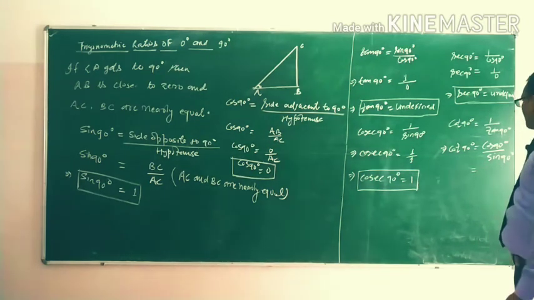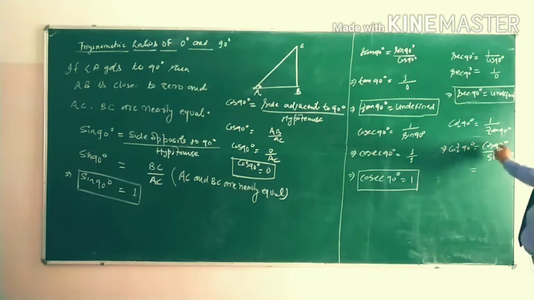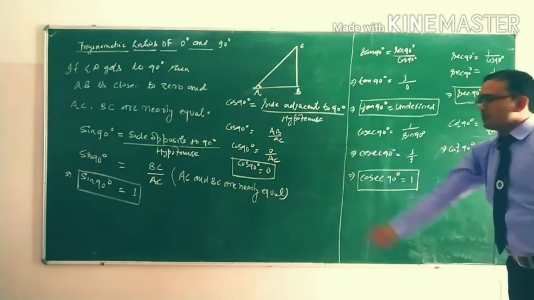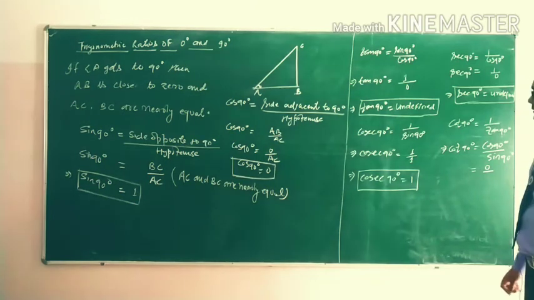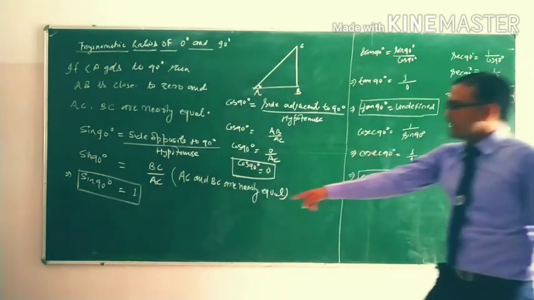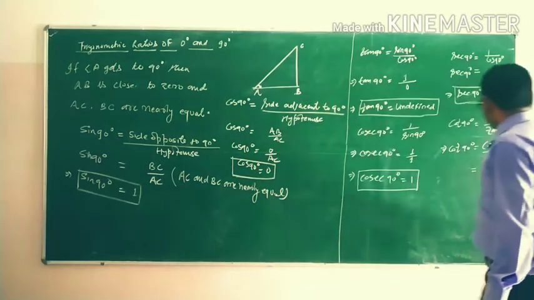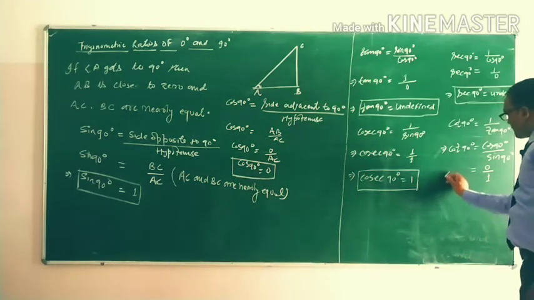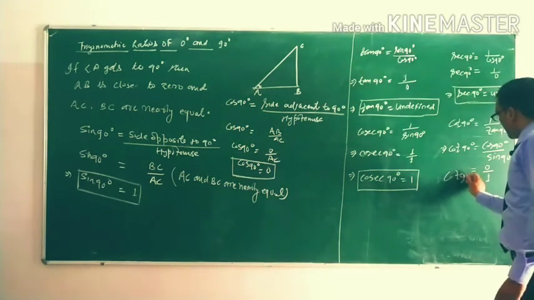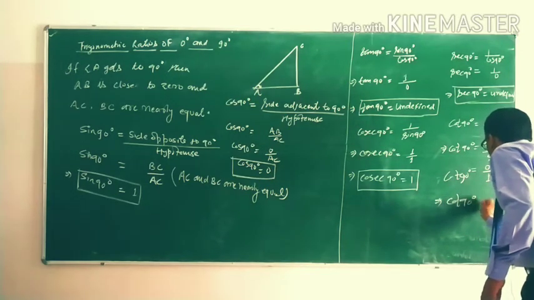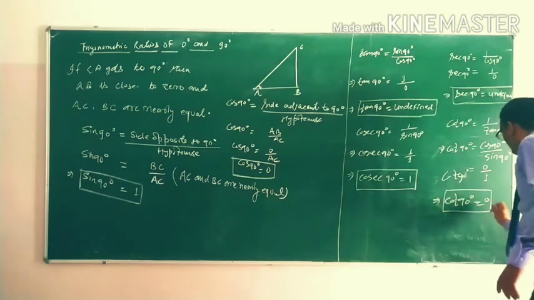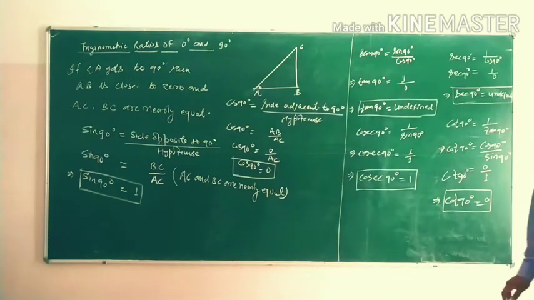What is the value of cos 90? Cos 90 is 0. The value of cos 90 is 0 and the value of sin 90 is 1. Here the value of cot 90 degrees is, students, you understand, the value of cot 90 is 0.